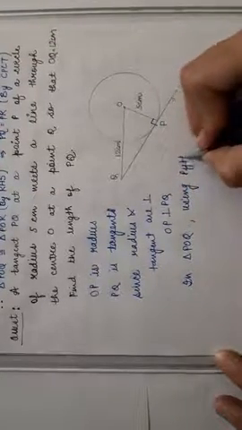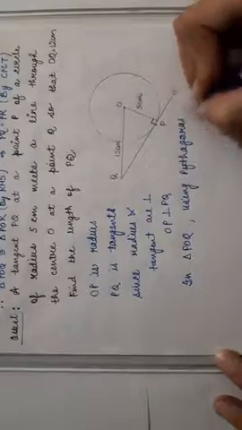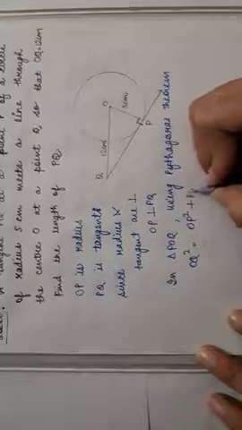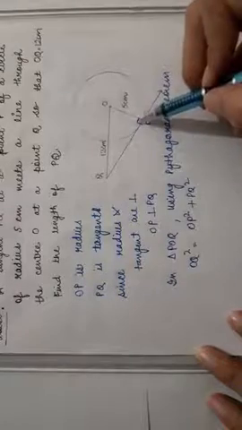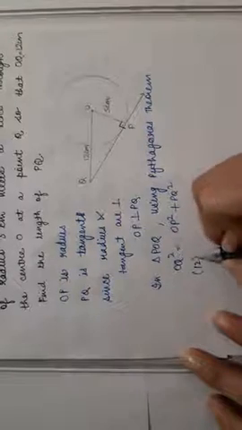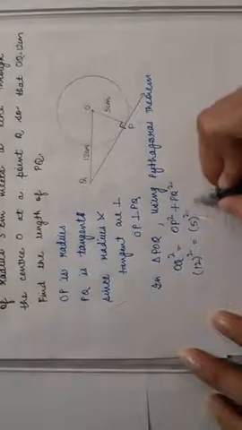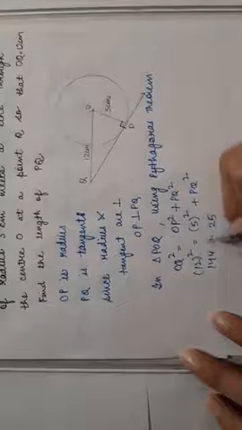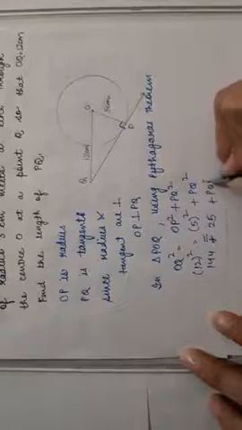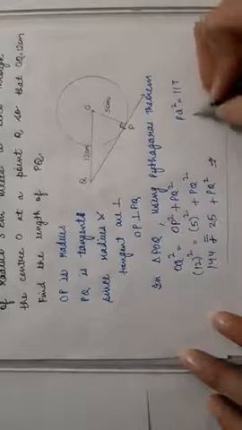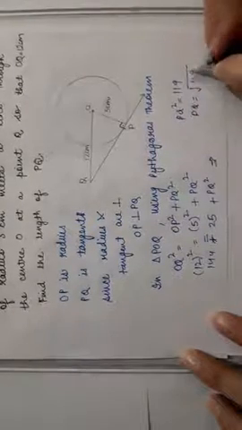I told you earlier also, whenever you are having a right angle triangle, Pythagoras theorem helps you the most. So using Pythagoras theorem, we have OQ square is equal to OP square plus PQ square. The side which is opposite to this 90-degree angle is always the hypotenuse. So OQ is hypotenuse here. We'll put the values. 144 is equal to 25 plus PQ square. This implies PQ square is equal to 119. Therefore, PQ is square root 119 centimeter.